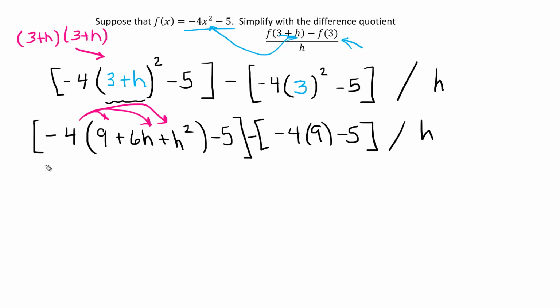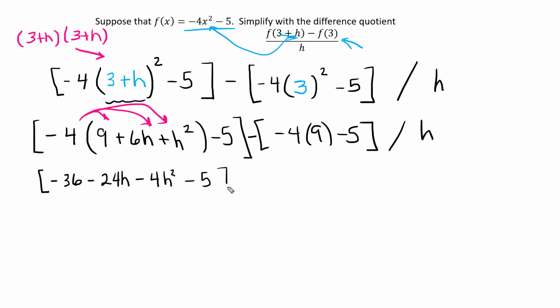All right, so let's distribute this out. So -4 times 9, -36. -4 times 6h, -24h. -4 times h squared, -4h squared.